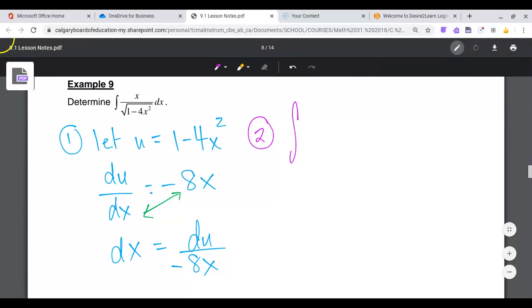So we still have an x up on the top. Okay, we didn't use a substitution for that. 1 minus 4x squared is our u, so we have the square root of u on the bottom. And then the dx part is our du on negative 8x.